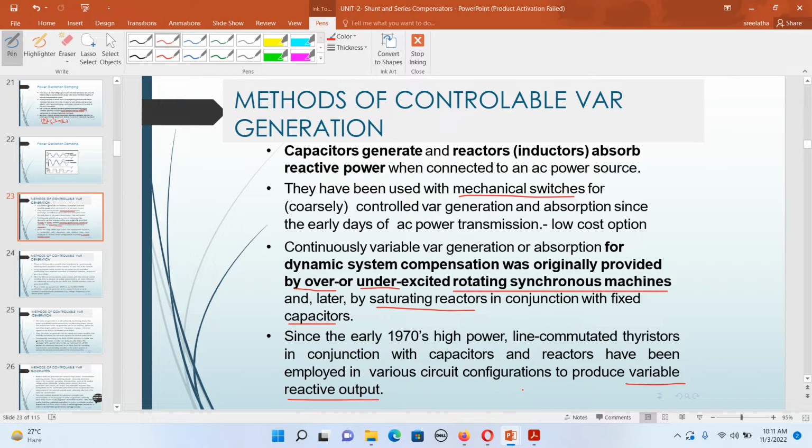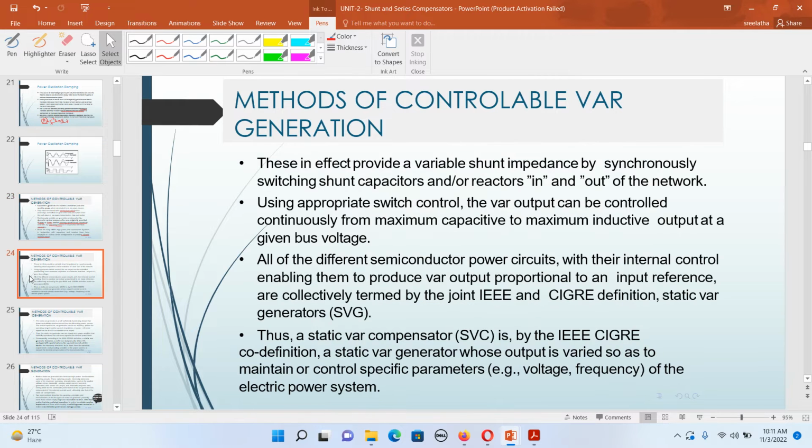Since the 1970s we have seen a very vast development in thyristors. Thyristor technology has improved so much that we are now employing thyristor controlled and thyristor switched capacitors and reactors for variable var generation. In olden days there were mechanical switches, then synchronous machines, and now thyristor controlled var generation.